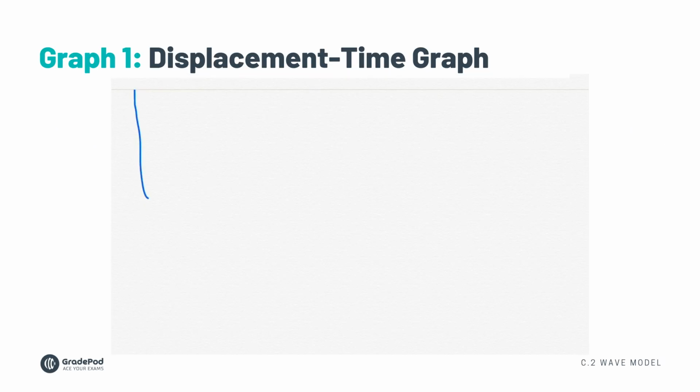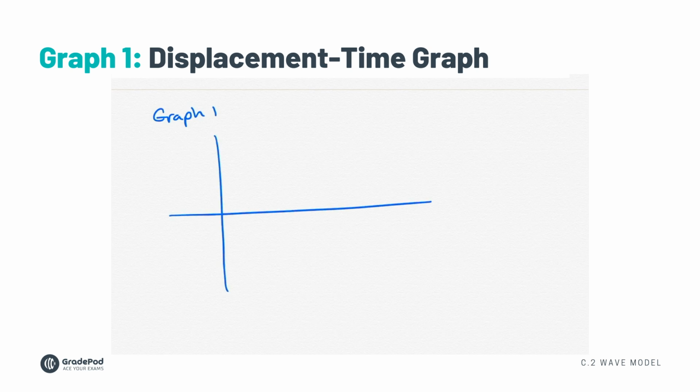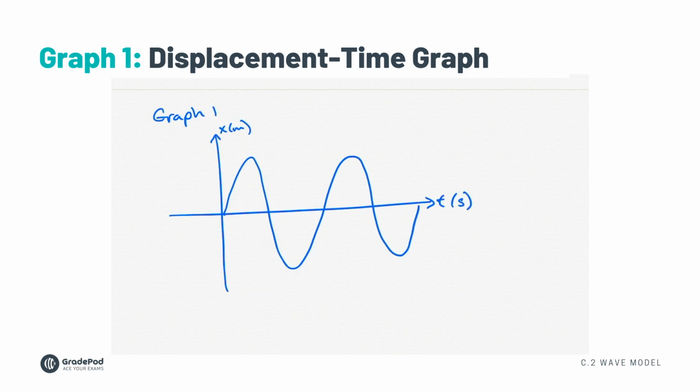Graph 1 is a displacement-time graph. So displacement in meters, time in seconds, and they tend to look like this. That maps the journey of one particle through a passage of time.